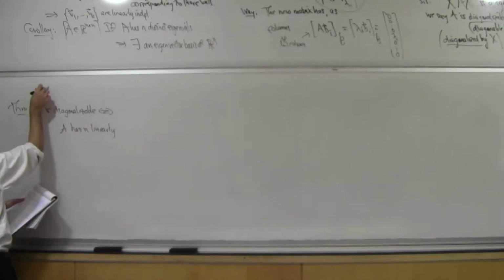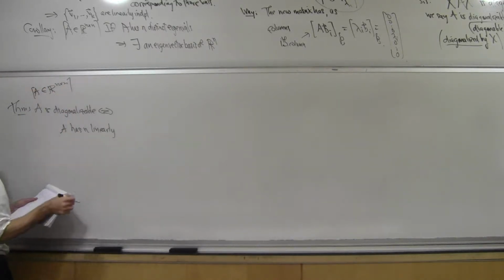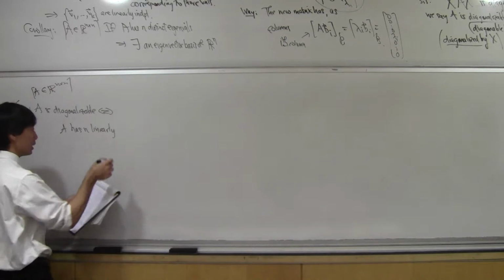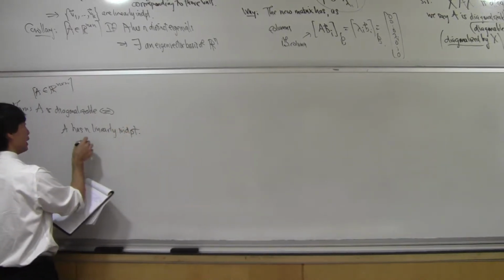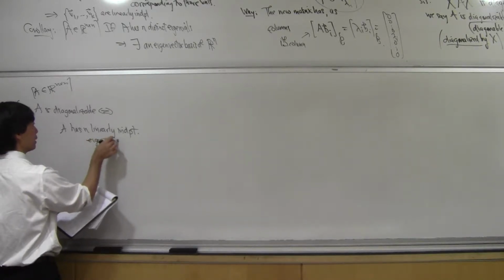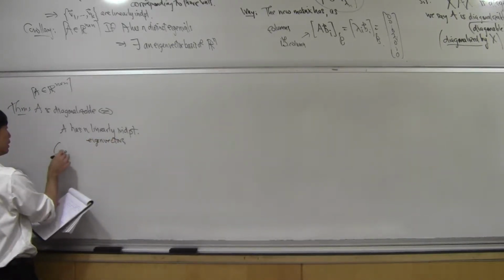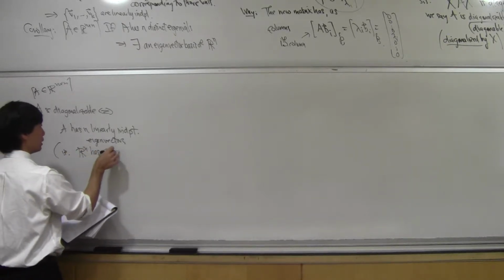Again, A is an n by n matrix. I'm forgetting to say that. Just know that that's what it's going to be. In other words, R^n has an eigenvector basis.